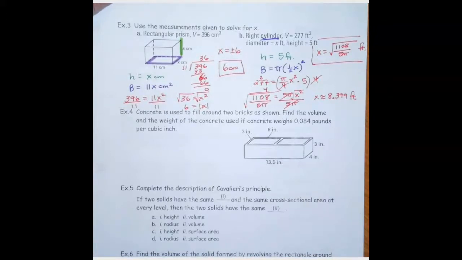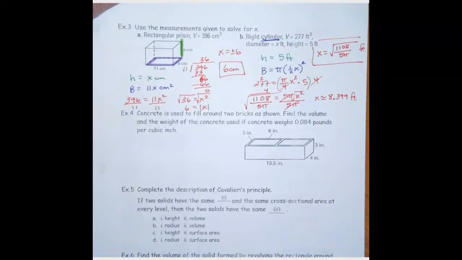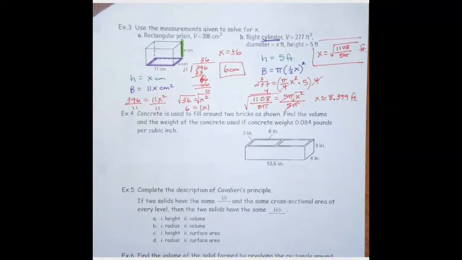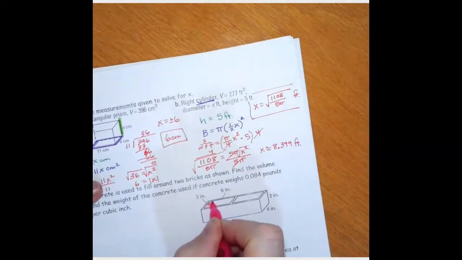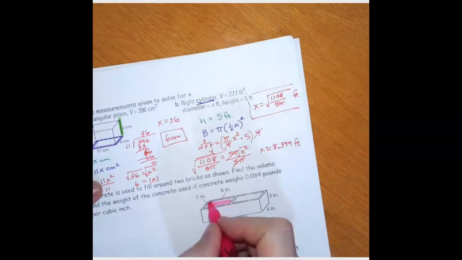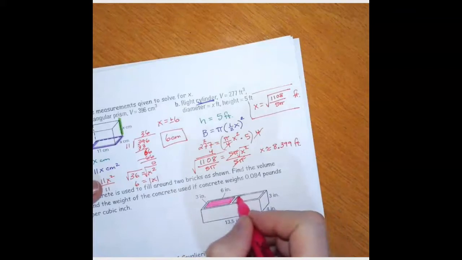So, concrete is used to fill around 2 bricks. Okay, so there's a brick here. A lot of bricks are red, so I don't have a red highlighter, but I have a pink.